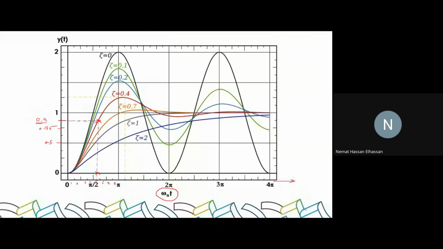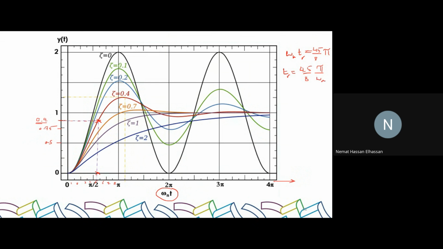So omega n times t rise is equal to 4.5 eighths pi. Make sense? And therefore t rise is equal to 4.5 over 8 times pi divided by omega n.